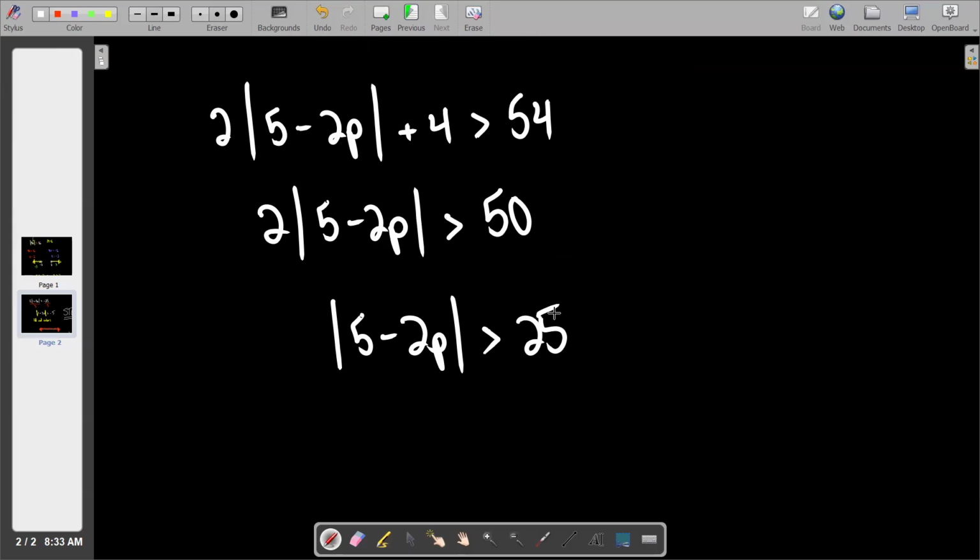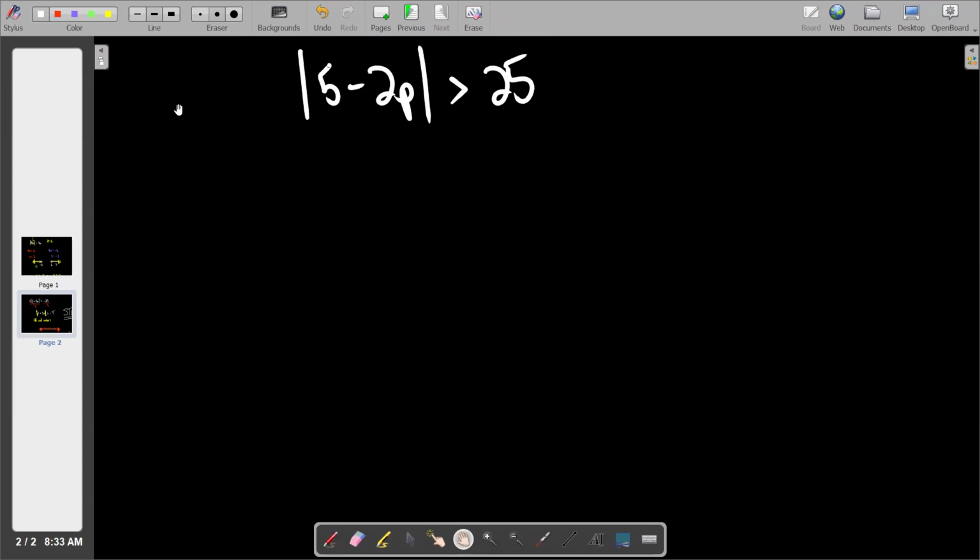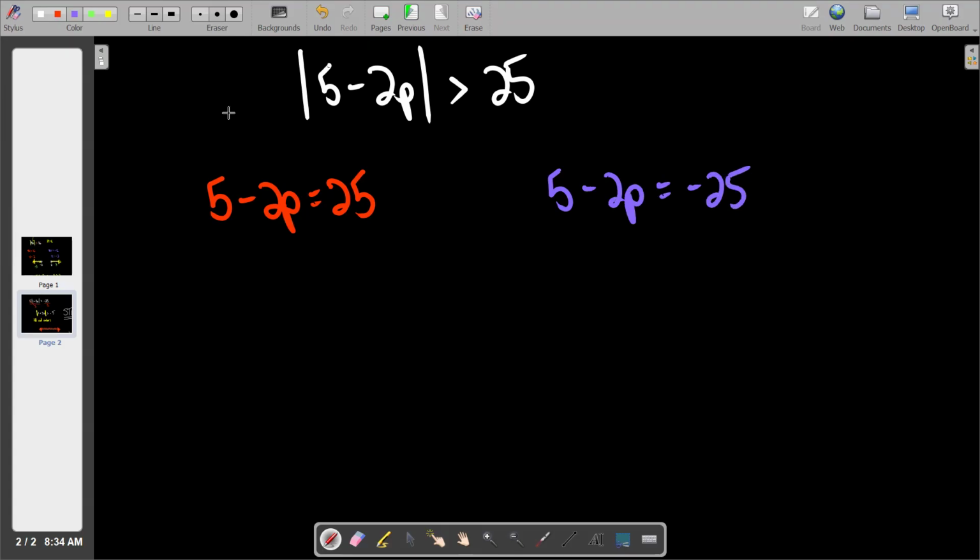We made it. We do not stop because 25 says, keep going. I'm positive there's some meat on this bone. So we're going to write 2 equations based off of this. One of them is going to say 5 minus 2p equals that dude. The other one is going to say 5 minus 2p equals the other dude.